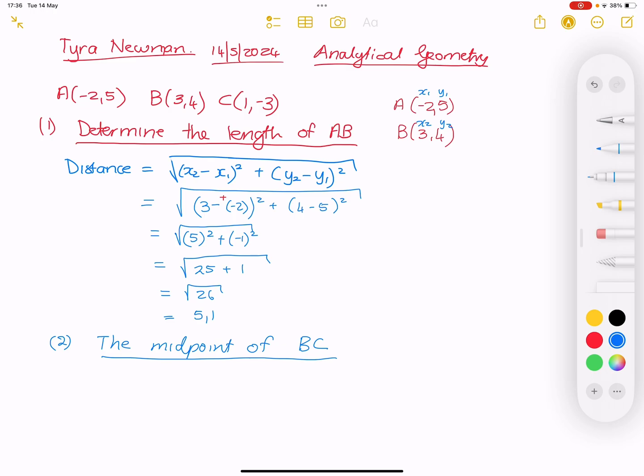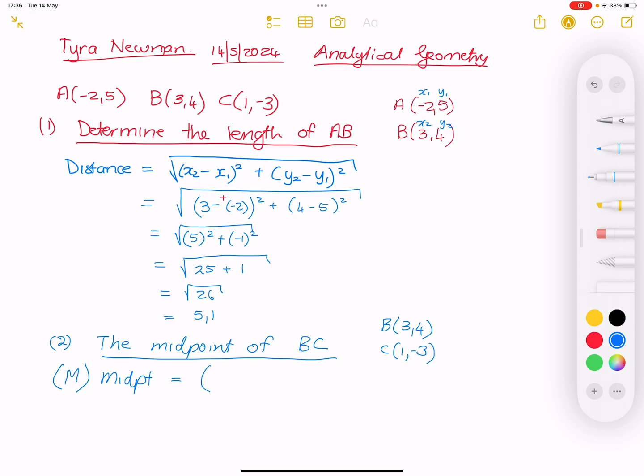Your B is (3, 4), and your C is (1, -3). The midpoint formula, it's usually a big M when they talk about the midpoint, but when they talk about the gradient, it's a small m.